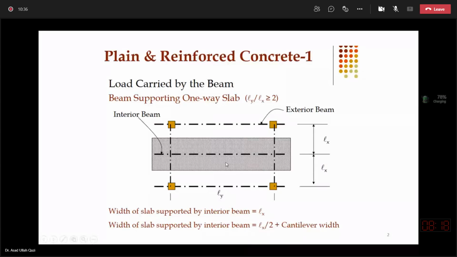Ly is the longer dimension and Lx is the shorter dimension.